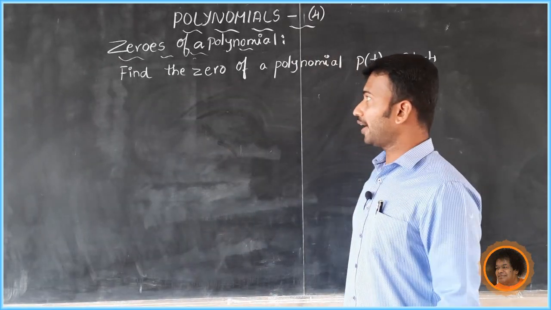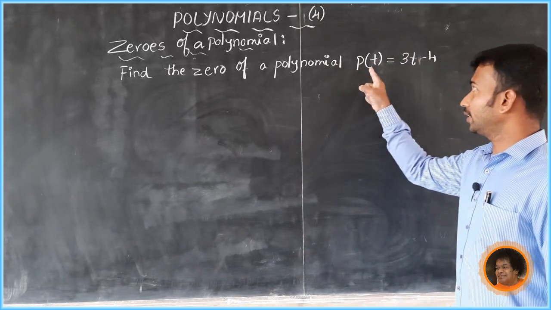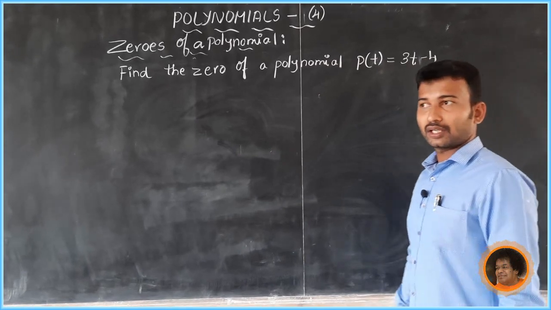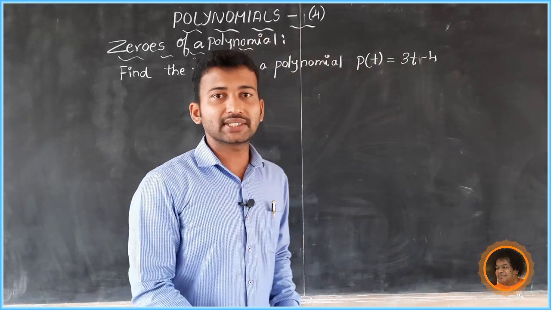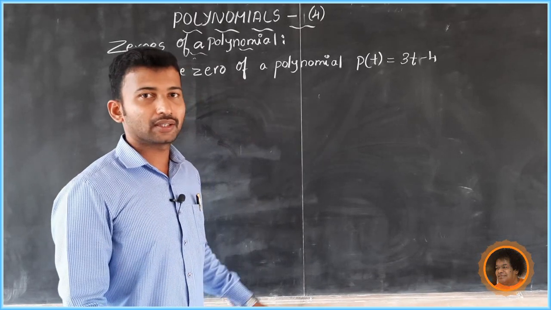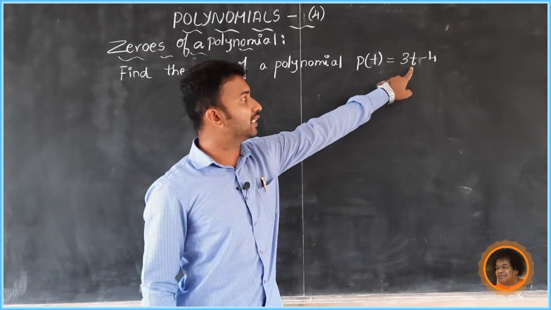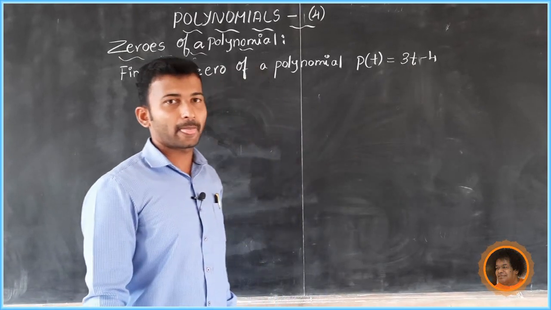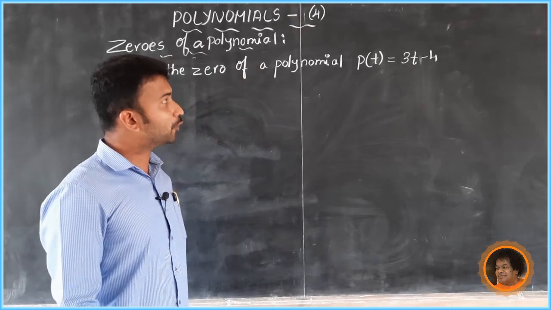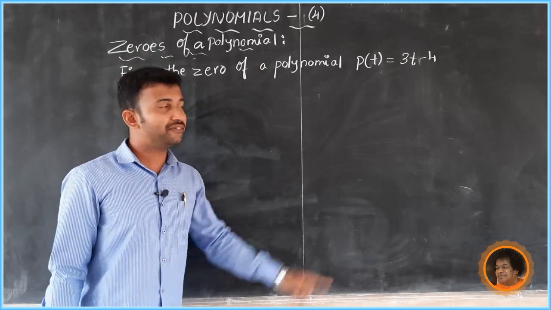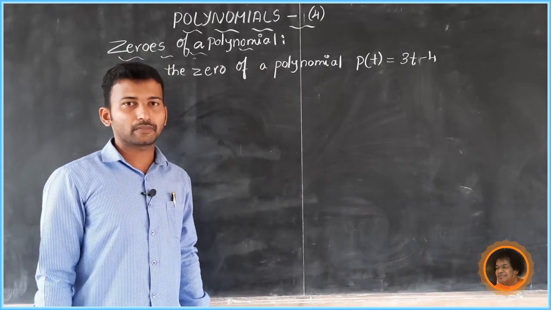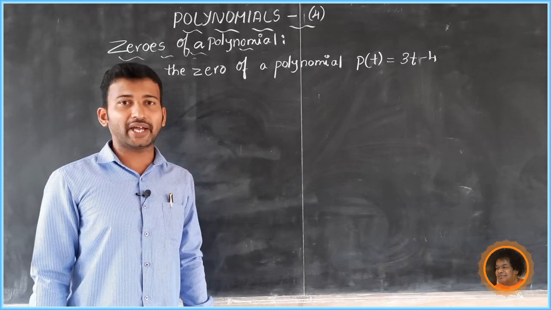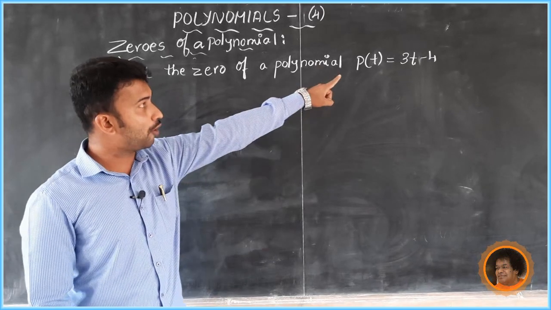Next problem, find the zero of the polynomial p of t is equal to 3t minus 4. 3t minus 4 is a polynomial in which the variable is t, and it is a linear polynomial. We need to find the zero of this polynomial p of t. How can we do it? There are two methods to find the zero of this polynomial.